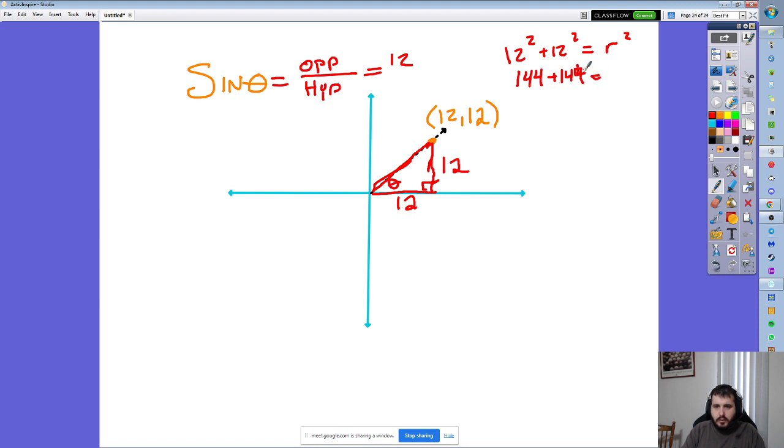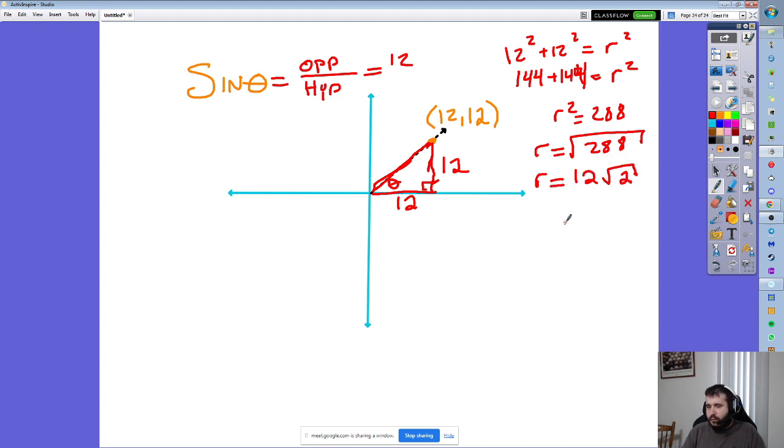That's a 4. So we got r squared equals 288. And I'm going to be honest, you leave it here, you're probably fine. But if you remember, hey, look, right isosceles triangle, I know this is 12 radical 2 when you break it down.